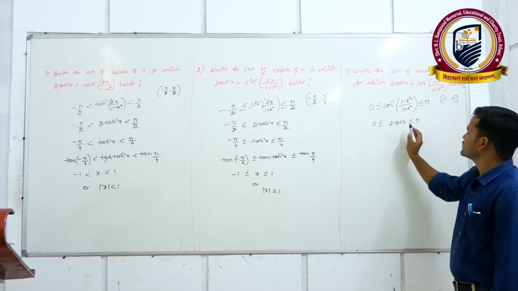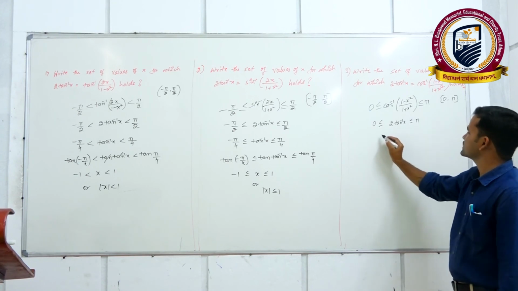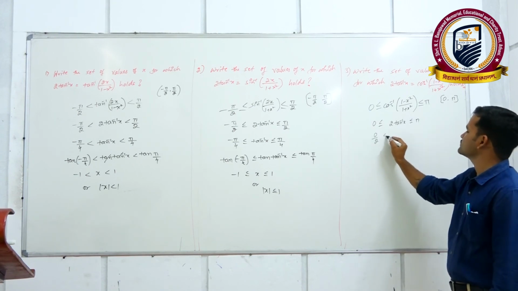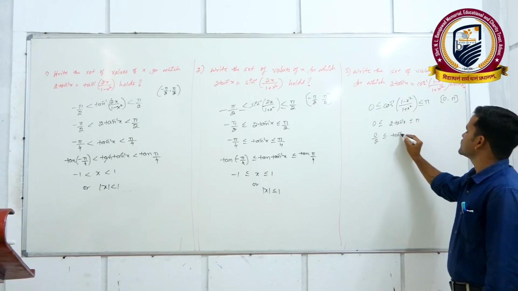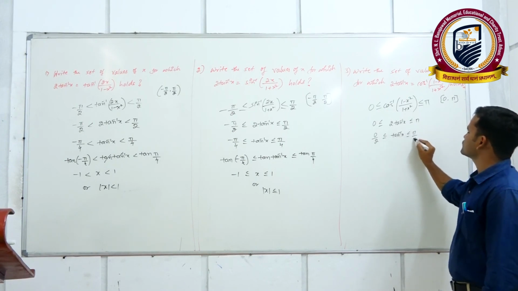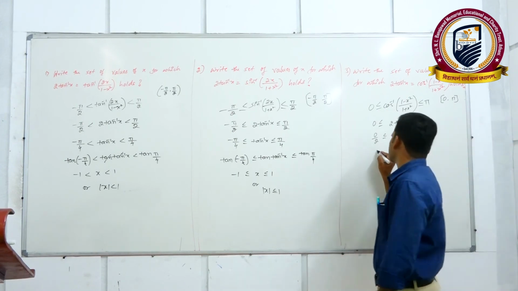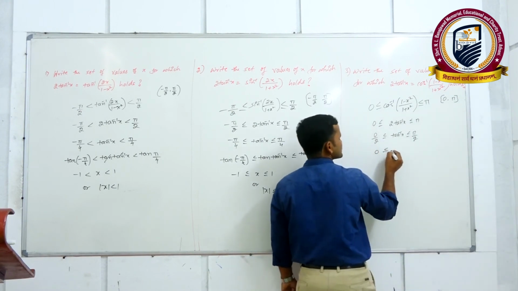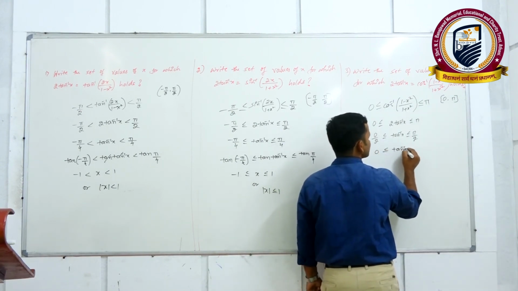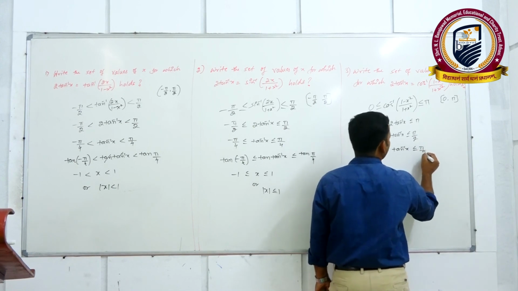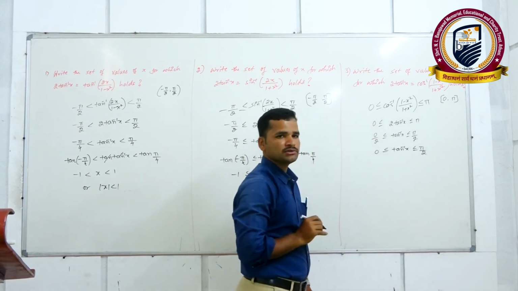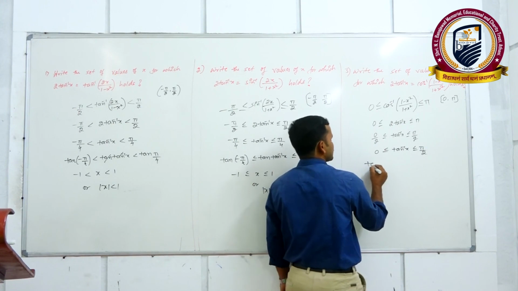In the same way we need to solve for x. Dividing throughout the equation by 2: 0 by 2 less than or equal to tan inverse of x less than or equal to pi by 2, and then it is nothing but 0 less than or equal to tan inverse of x less than or equal to pi by 2. Throughout the equation you take tan.